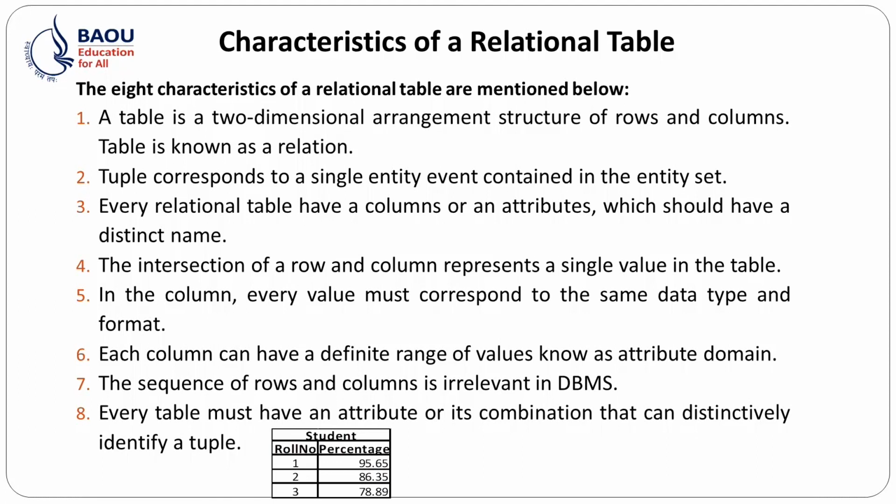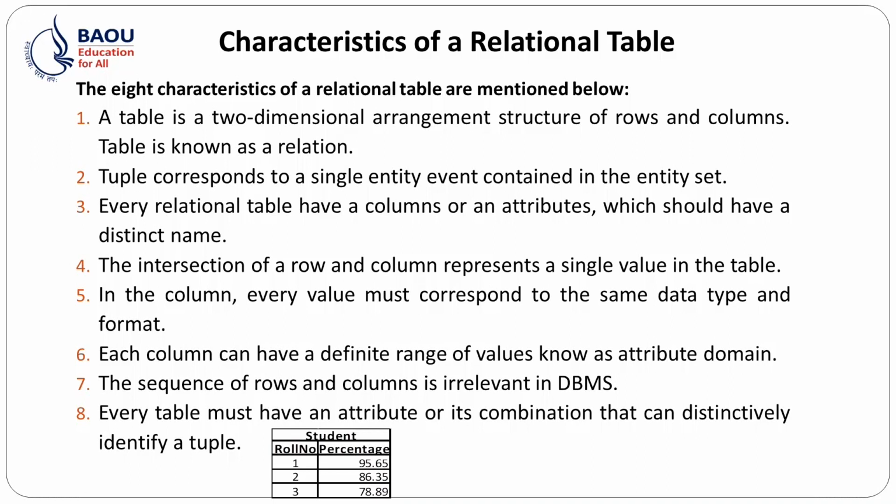The sixth one is each column can have a definite range of values known as the attribute's domain. In the figure, roll number has a range of possible values between 1 to 30. So it contains the 1 to 30 range only. The seventh one is the sequence of rows and columns is irrelevant in the DBMS.